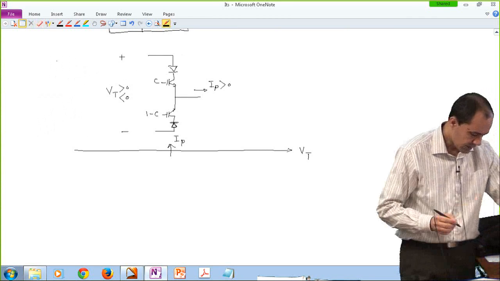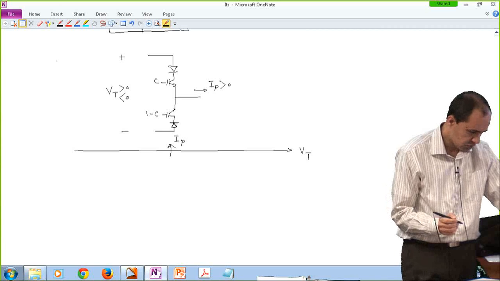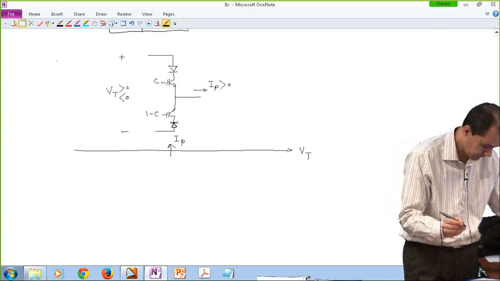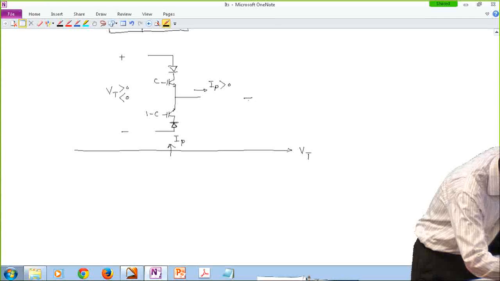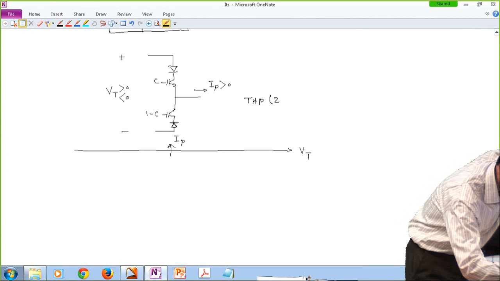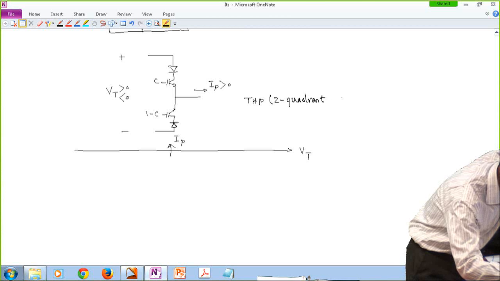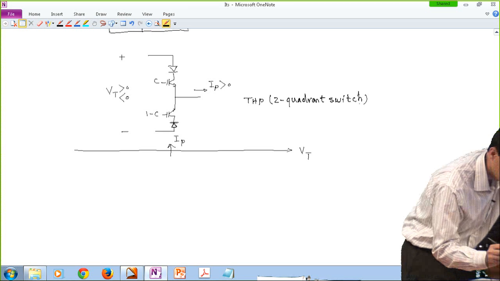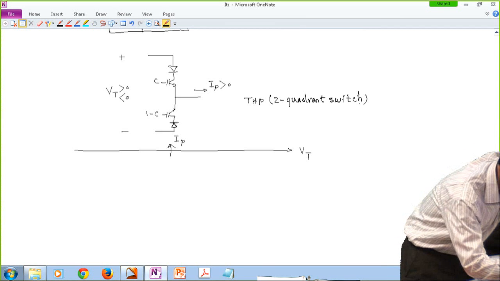I'm going to have an example for this later. So this is called a top half plane switch. And it is still a 2-quadrant switch. This is a combination of the first quadrant plus the second quadrant.